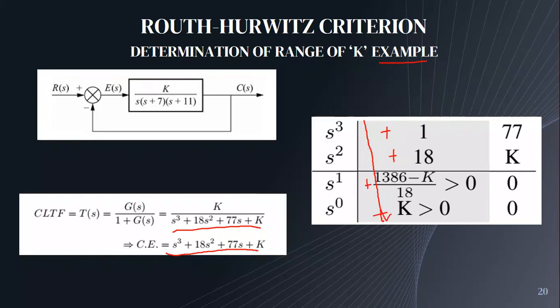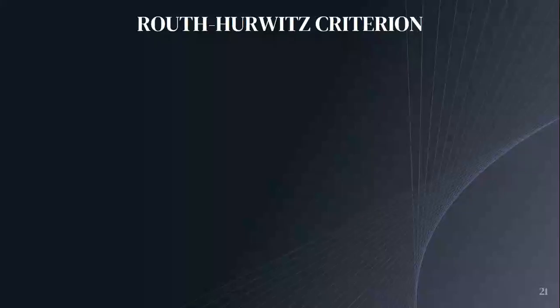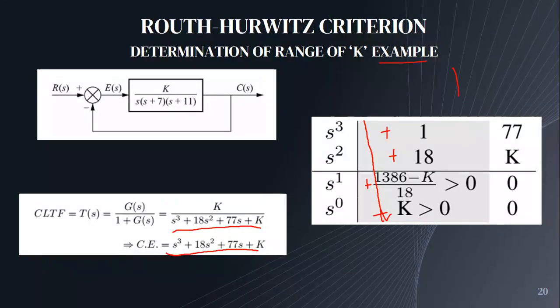That means this particular term should be greater than 0 and k should be greater than 0. So from here I can get the value of k. k should be less than 1386 and k should be greater than 0. So this is the range of k for which the system is stable, right?